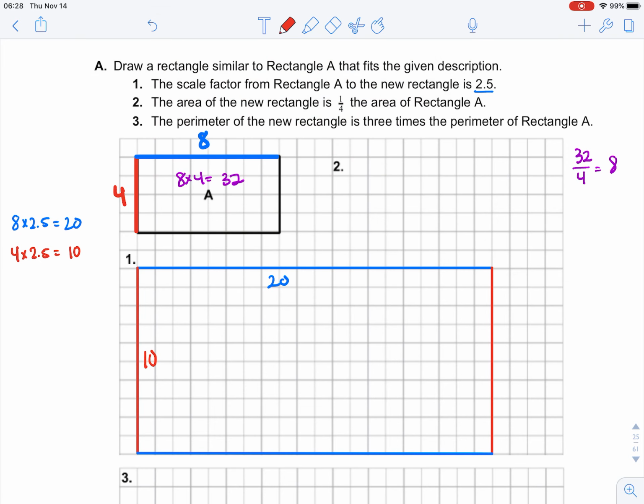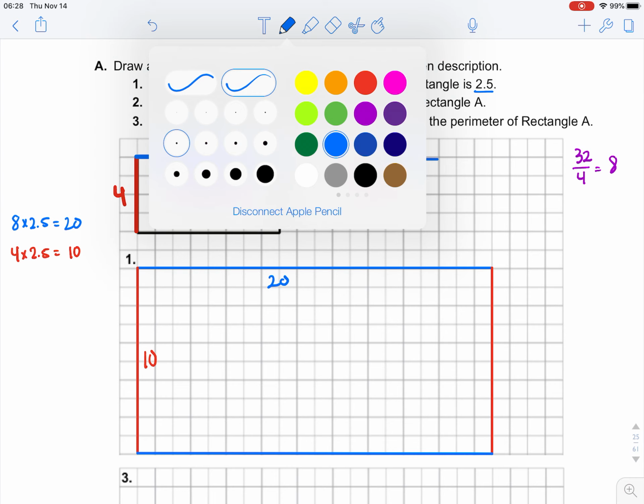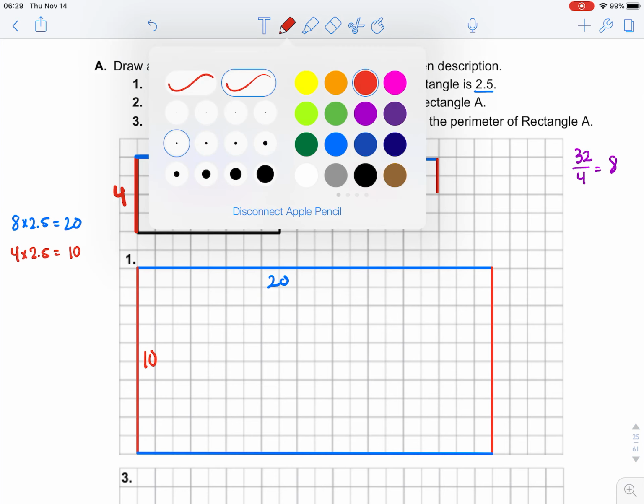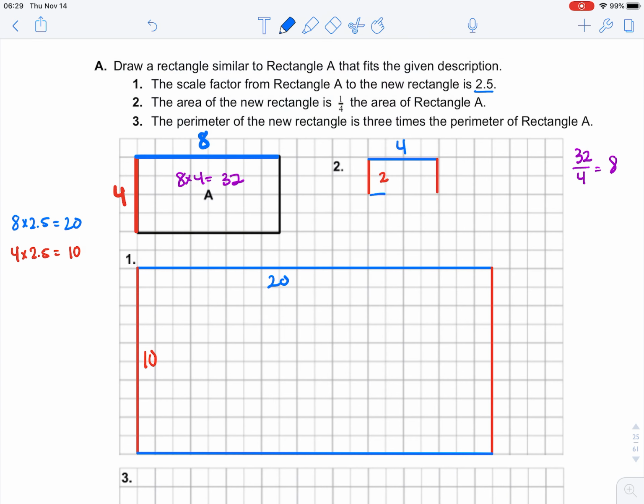Let's try a side length of 2, and 2 times something will be 8. 1, 2, 3, 4. That something should be 4. That looks pretty good. Let me finish this off just to see before we calculate it. The area here is 8 squares.